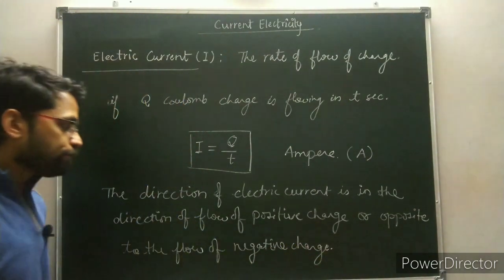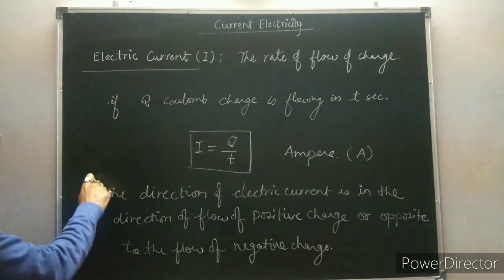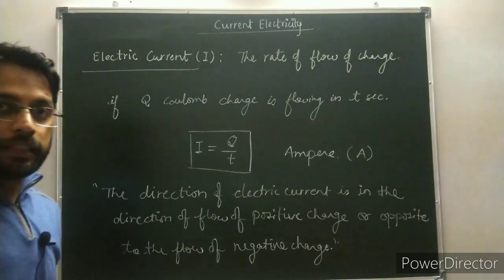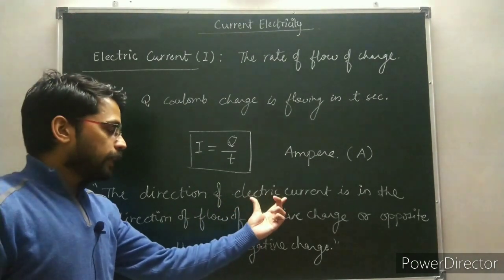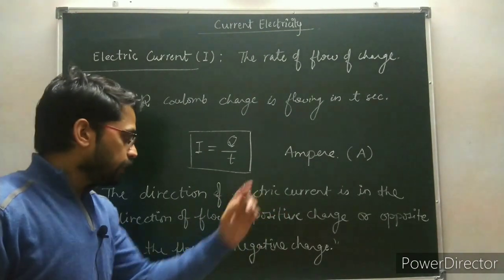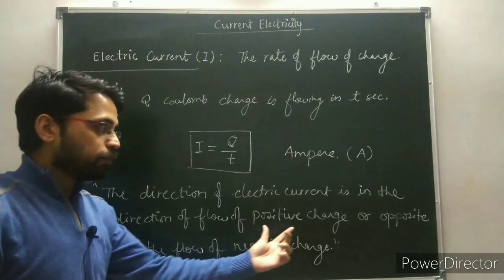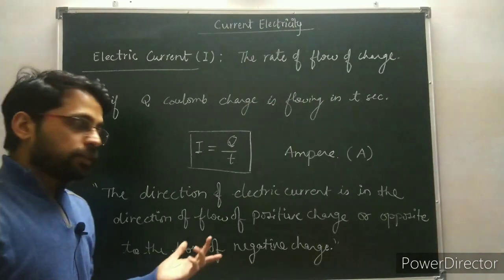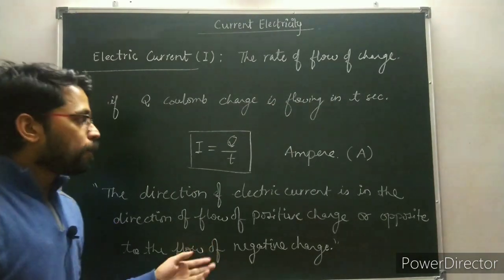So this statement is for the direction of electric current: the direction of electric current is in the direction of the flow of the positive charge or opposite to the flow of the negative charge. Okay, note it down.